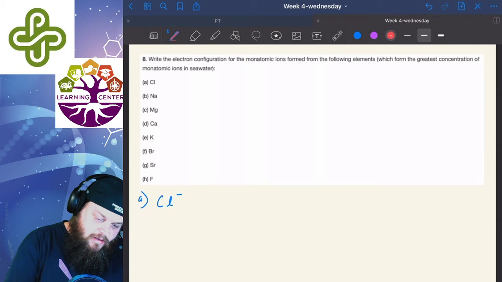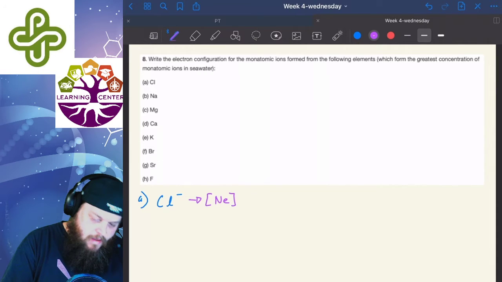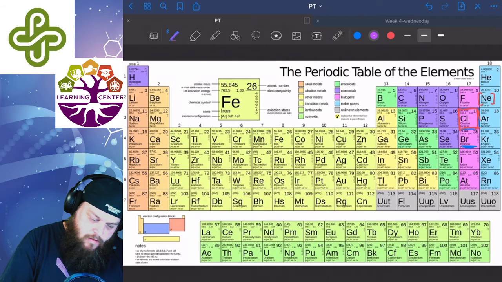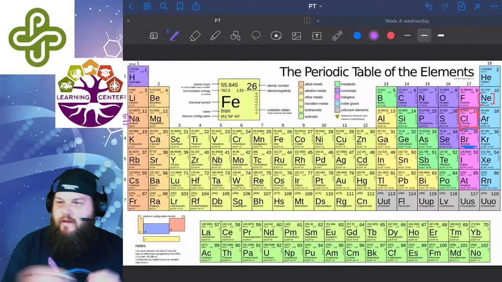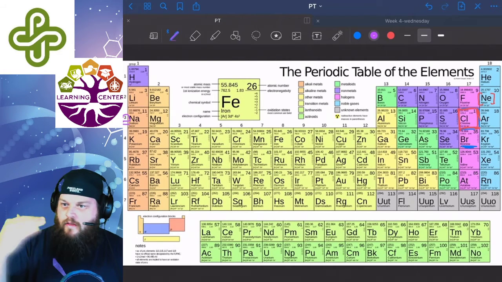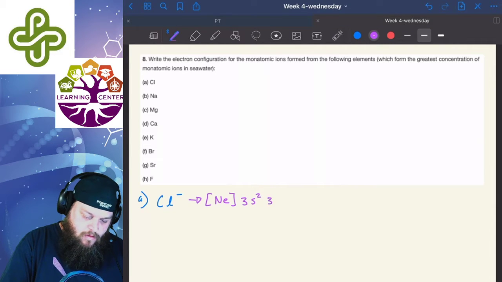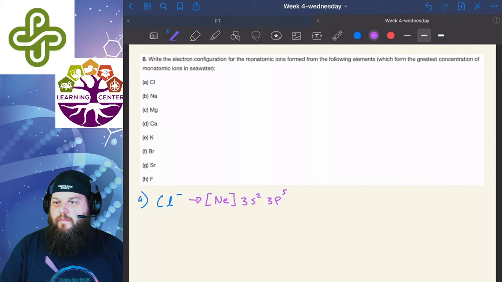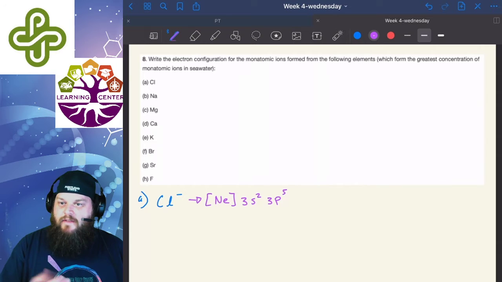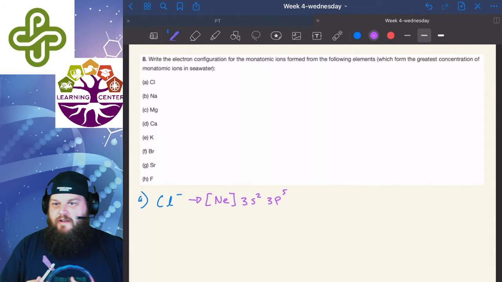So we can write this then as a neon core. And notice also chlorine is on period 3. It's the third period, the third row down. So we can start out just with the 3s2 3p5. That's normally what chlorine would be. Since it's negatively charged, it's going to have one extra electron in there.